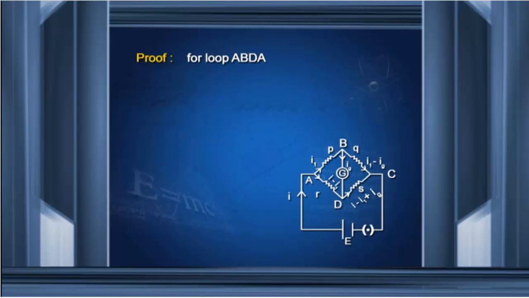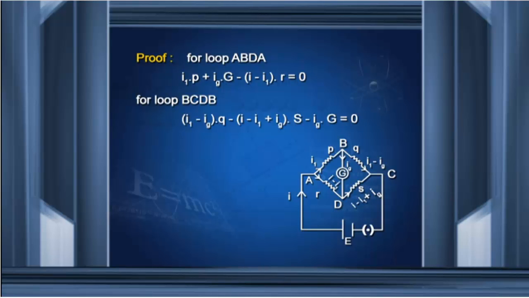For loop ABDA, I1 into P plus Ig into G minus (I minus I1) into R equals to 0. For loop BCDB, (I1 minus Ig) into Q minus (I minus I1 plus Ig) into S minus Ig into G equals to 0. If the bridge is balanced, then Ig equals to 0.